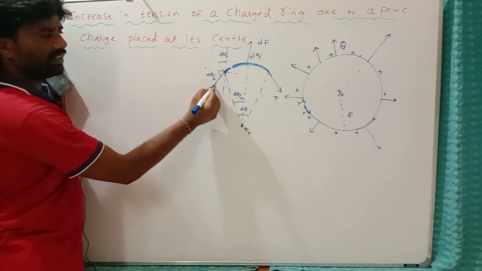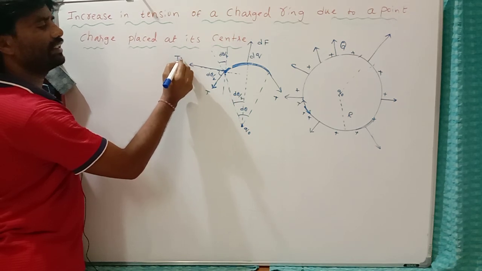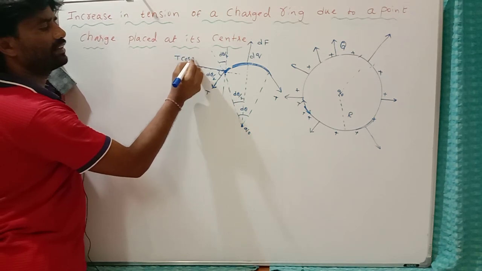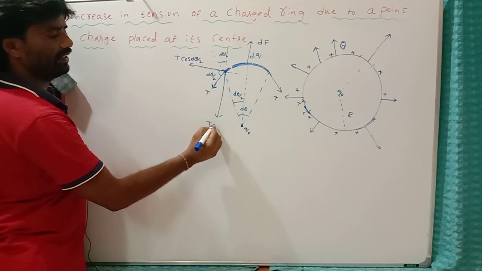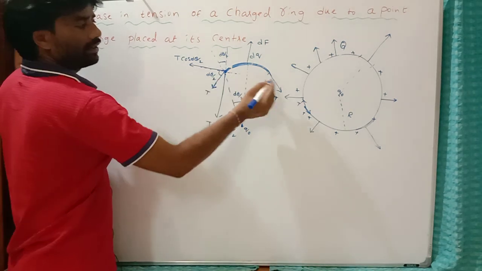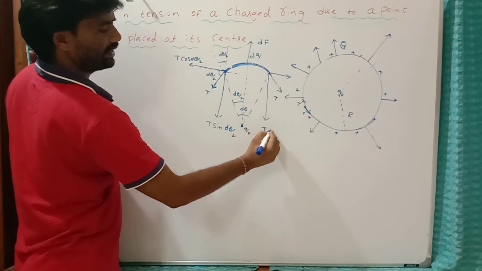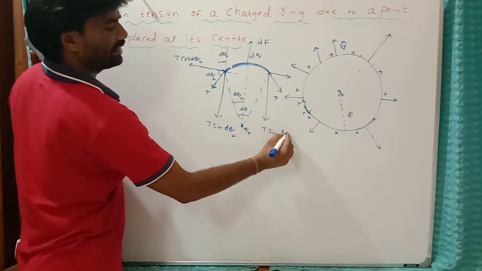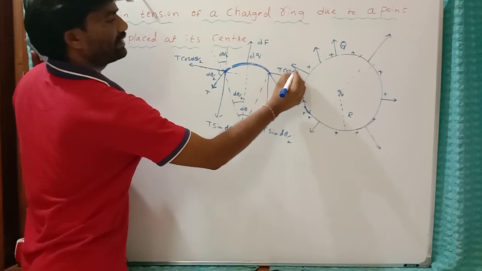So resolve the tension into components. The component of tension in this direction is T cos d theta by 2. In this direction, T sin d theta by 2. On the other side also the same: in this direction T sin d theta by 2, and in this one T cos d theta by 2.